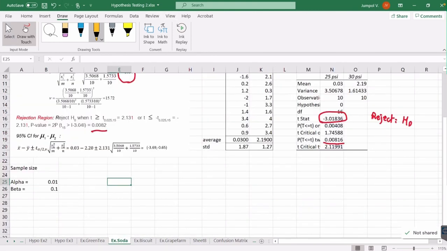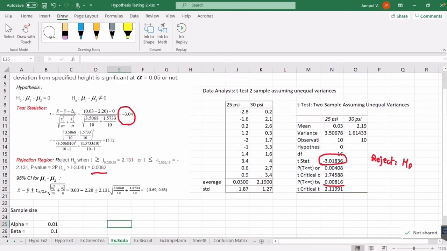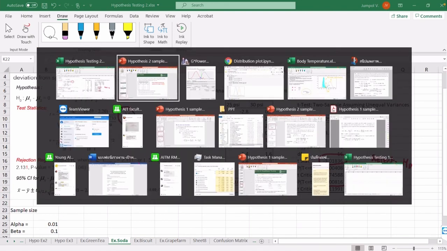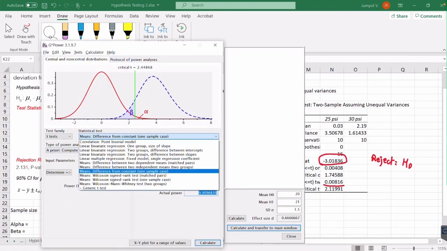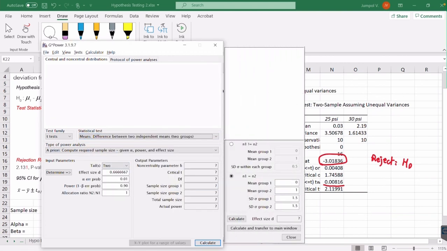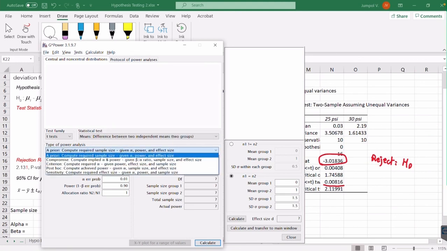Okay, and we have the average and the standard deviation here. So we go to G-Power and select mean difference between two independent means, two groups. Okay, and we use a priori.